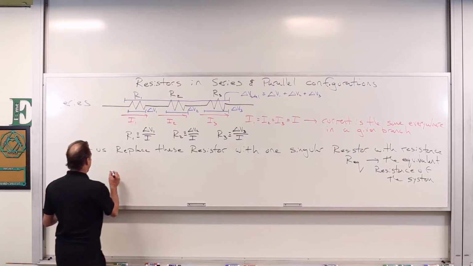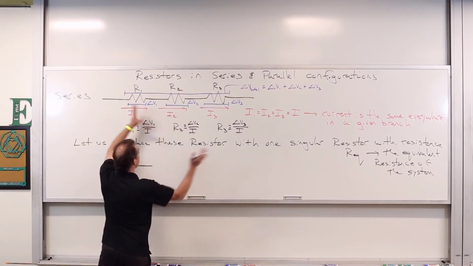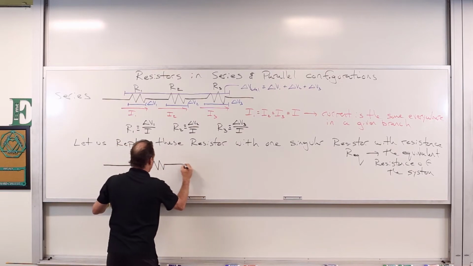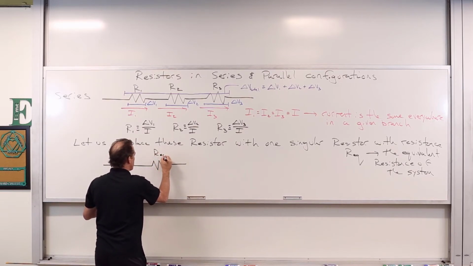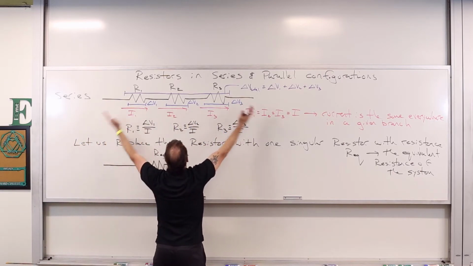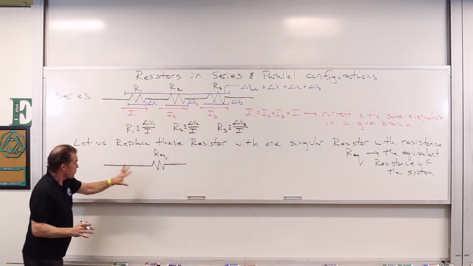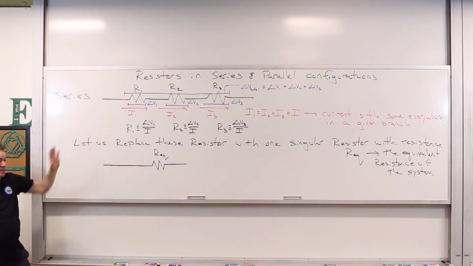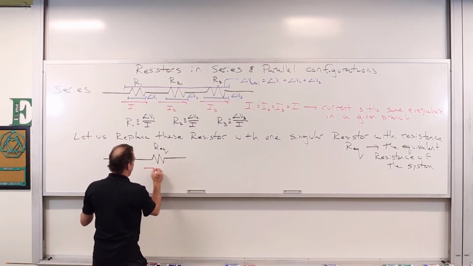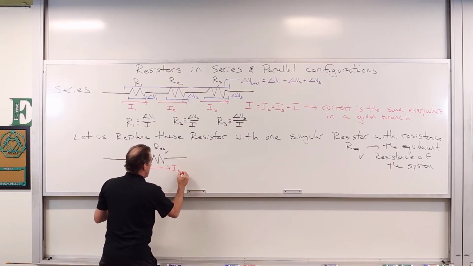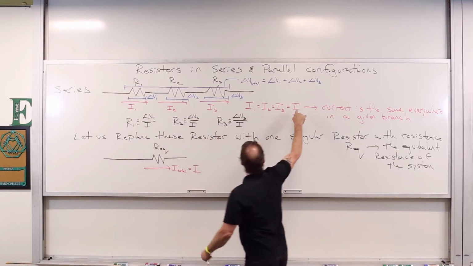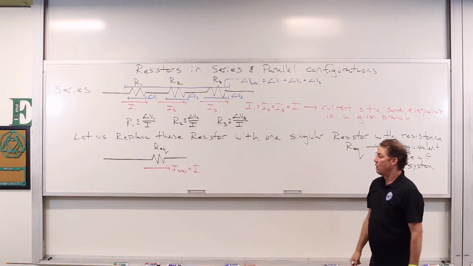Well, let's draw it out first. Say we're going to take those three resistors and really press them together. So we've got this one overall resistance Req. Whether we've got three separate ones or just one, if this singular one is supposed to do the same thing as the others, we have to have that the current's the same. So I total is just I, the same I that's up here, same current.